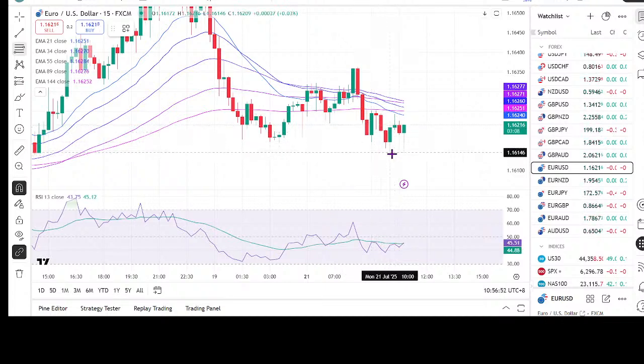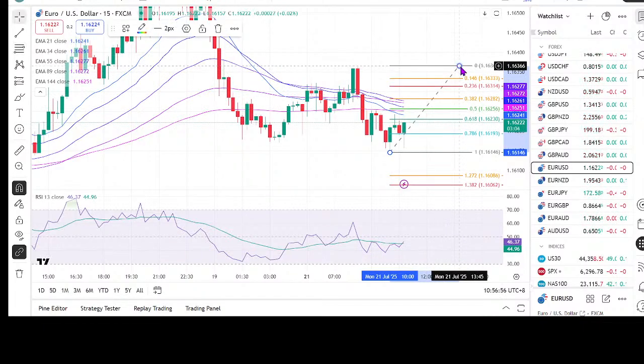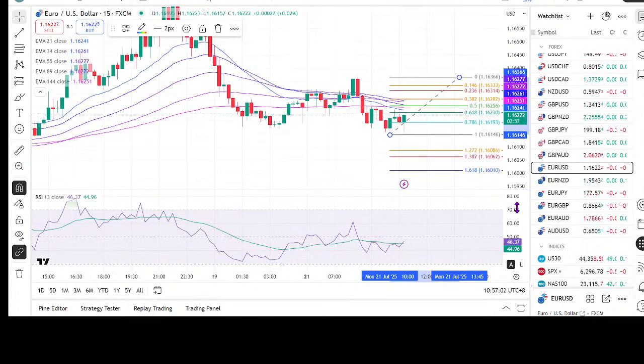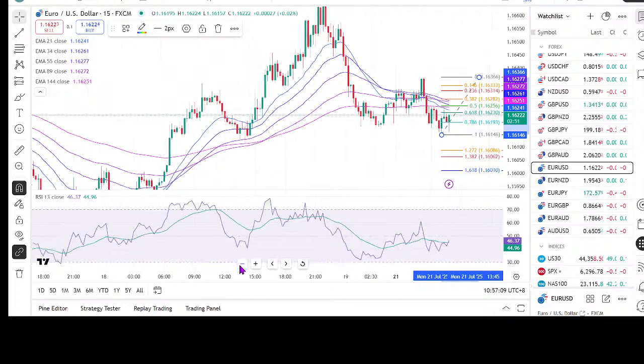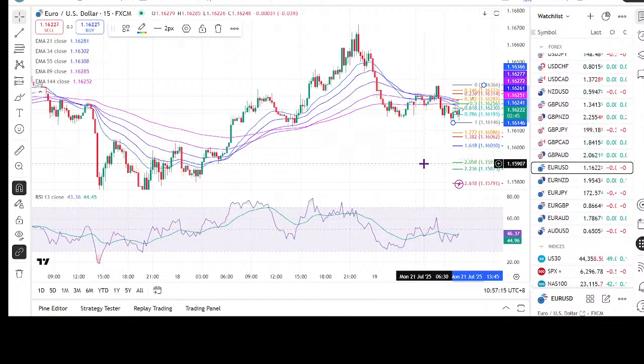TP, we should be looking for an extension of this, which is 1.16 or slightly lower, okay, lower towards 1.1585.90.